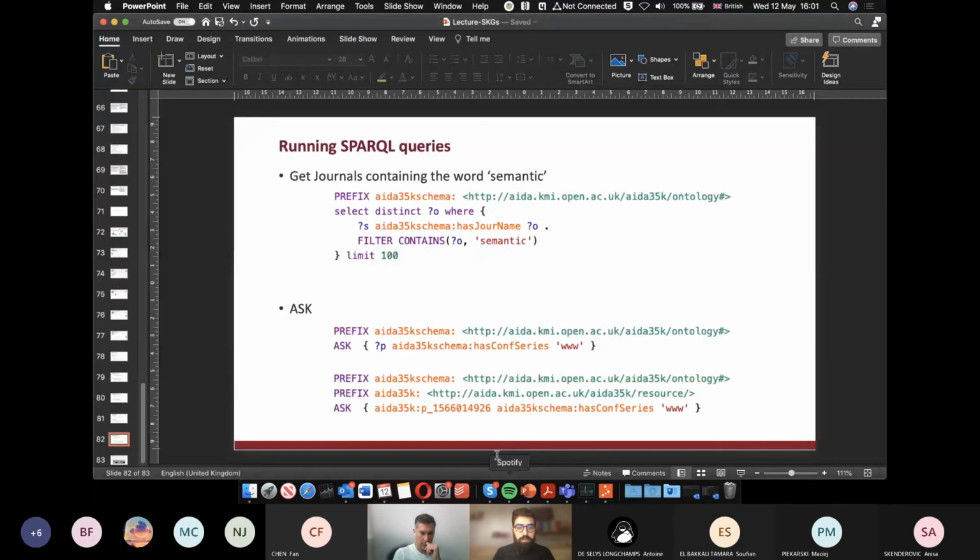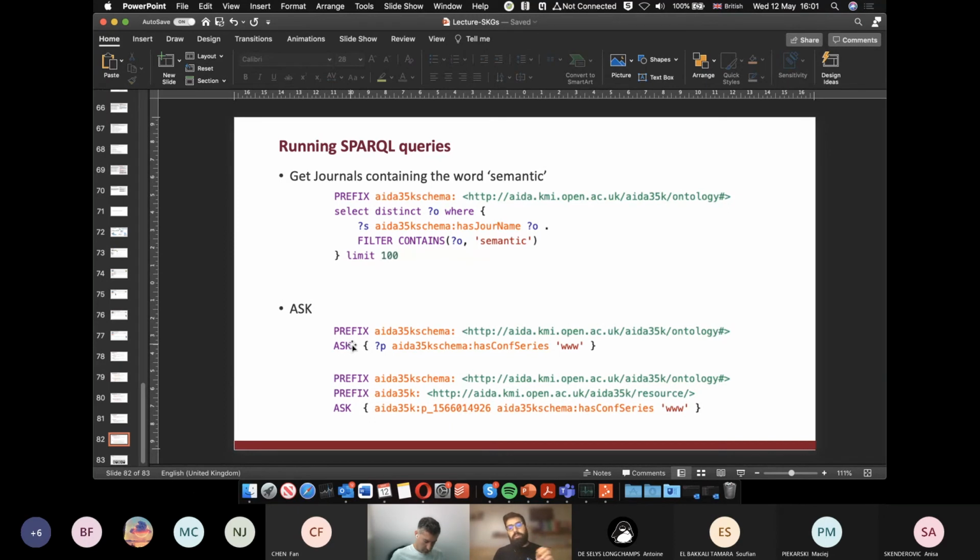And the last one, actually those are 2 queries, but it's the ASK construct, which, like DESCRIBE, substitutes the SELECT. The ASK is a construct in SPARQL that allows us to get a yes/no answer. It doesn't return a graph, or a list of triples. It returns true or false.